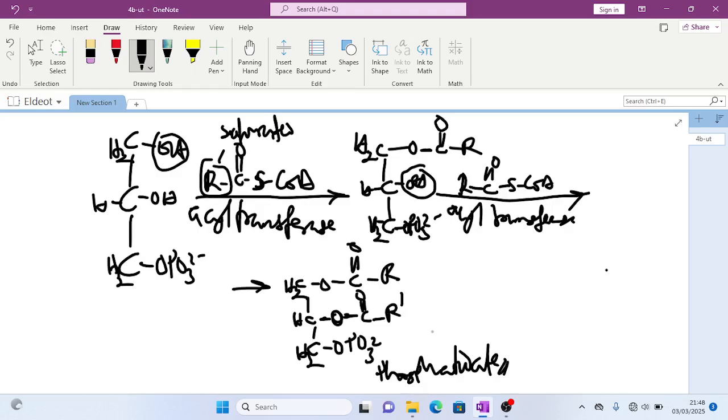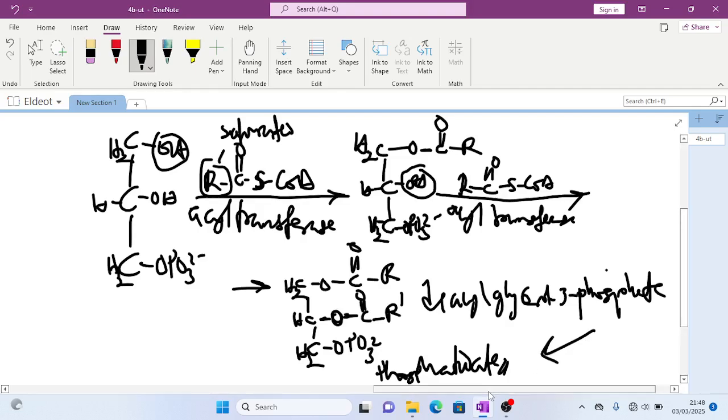So this phosphatidate is also a type of diacylglycerol 3 phosphate. So we can say another name for phosphatidate is diacylglycerol 3 phosphate.